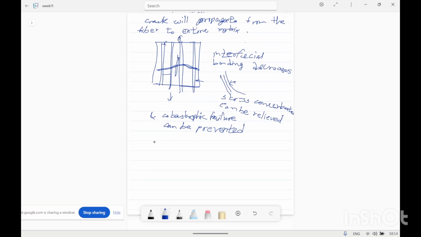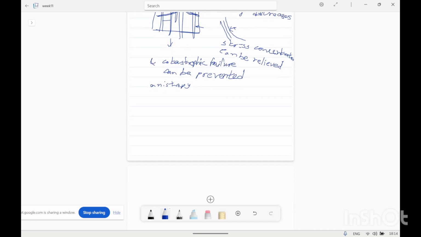So the brittle matrix also results in anisotropy of properties in composite. So interface debonding can prevent the fracture in brittle matrix composite.